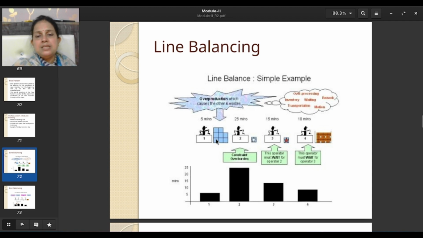And here, if you see in the first workstation, this person is overloaded, overproduction. Here the products are piling up because this person is working very fast. In 5 minutes, one job is completed. But with respect to workstation 1, workstation 2 is not able to complete at the same speed.